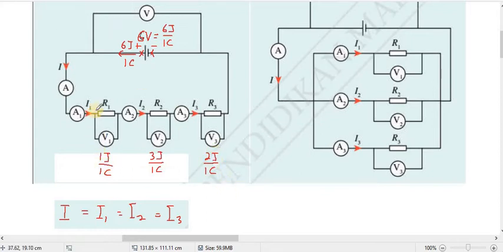So that means the potential difference here will be 1 volt. This one will be 3 volt. This one will be 2 volt. Very good. So the total will be 6 volt. So you see here, work done here is 1 joule, here is 3, here is 2. So from here to here, total is 6 joule for every 1 coulomb.